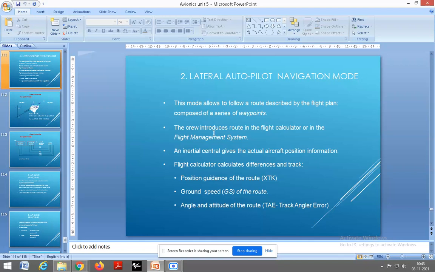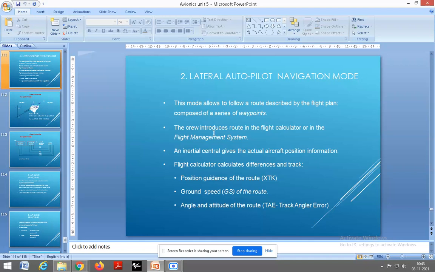Here the crew introduces the route in the flight calculator or in the flight management system. Who plans the flight path is nothing but the crew, and crew is none other than the pilot. So the pilot provides the entire information to the flight management system, and based on that it works automatically.